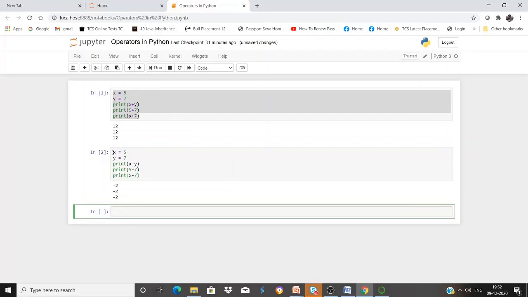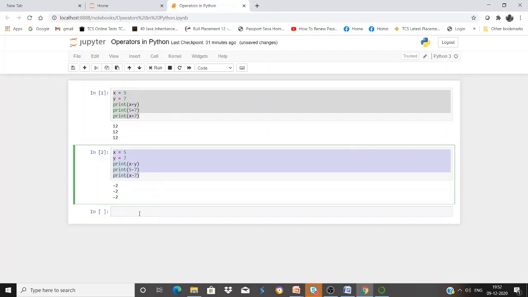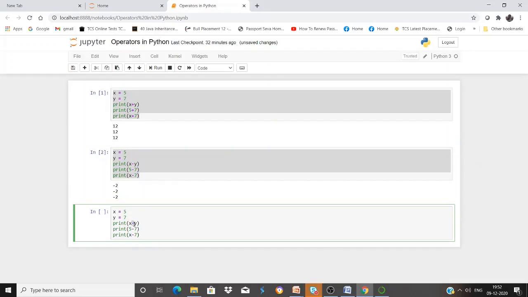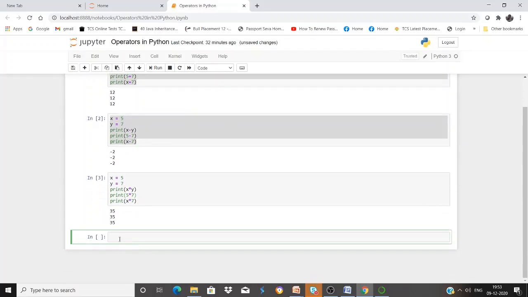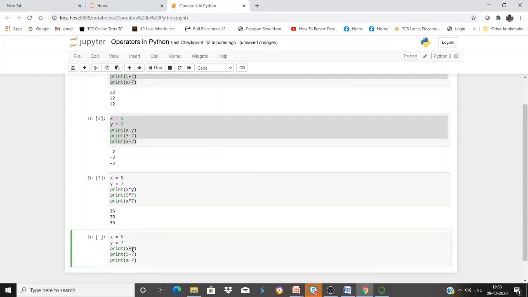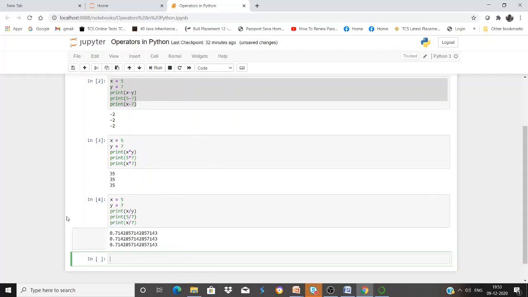The same goes with multiplication and division operators as well. Run the cell, and again for the division operator we'll do the same. We run the cell again and we get the expected output.